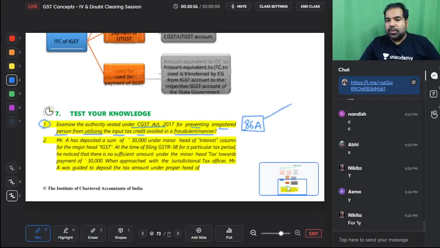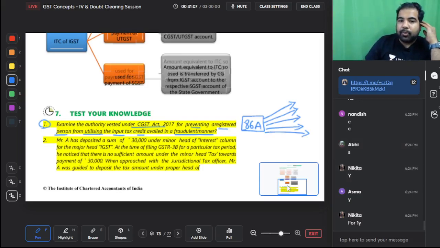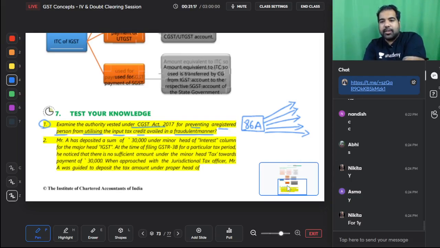If there is no supply or no invoice or no supplier or no recipient or no tax has been paid to the government, if any of these cases exist, the GST officer can intervene and can prohibit you from utilizing your ITC for a period of maximum 1 year. However, you can make an appeal to the commissioner to release the funds before the set period of 1 year in case the reasons exist.